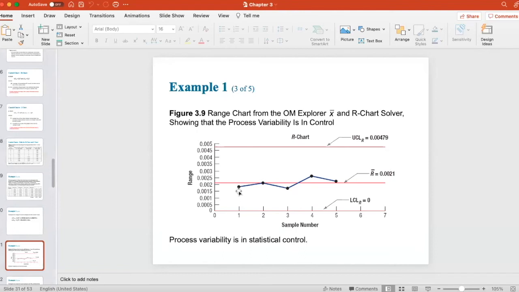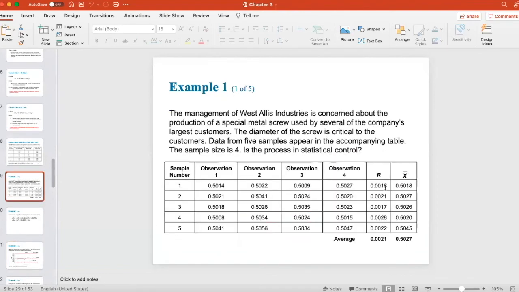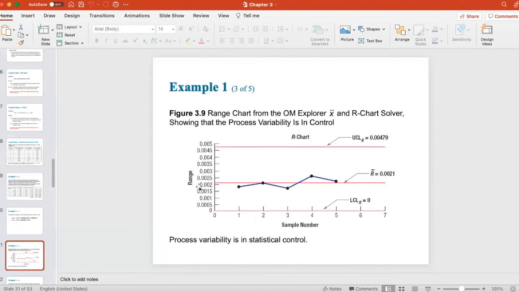For the first dot, it represents the sample range within the first sample, which is the value shown here, 0.0018. So you plot every sample range within this chart, and it will look like this.